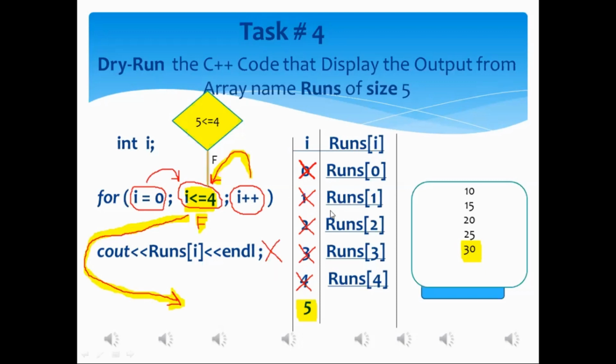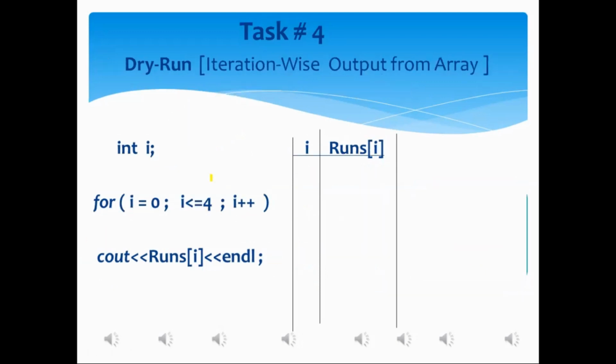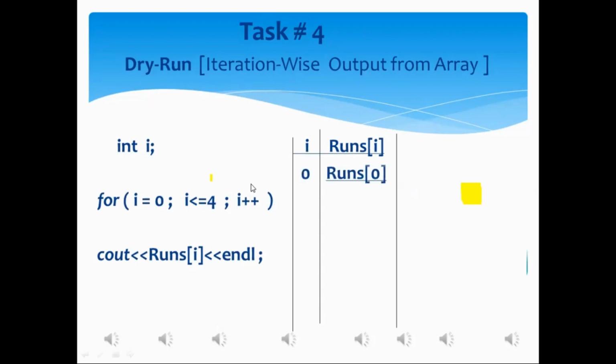Okay, my dear. Now, what is written at the top before you? Dry run iteration wise output from array. Okay, when the first iteration was there, that means when I was 0, what data value had been displayed onto the monitor screen? 10.